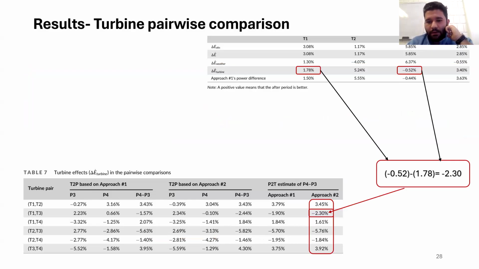In case we just take the pairs of turbines and make a subtraction, we get the results for P2T. For example, for the second row, turbine 1 and turbine 3, it's enough to take turbine 3's delta E and then subtract turbine 1 from that. It will become minus 2.30, the number in the second row of this table.